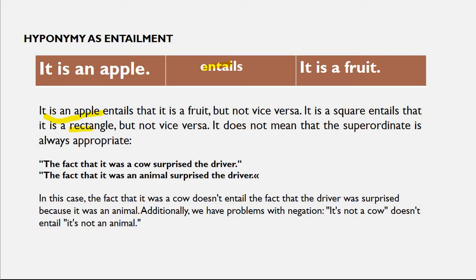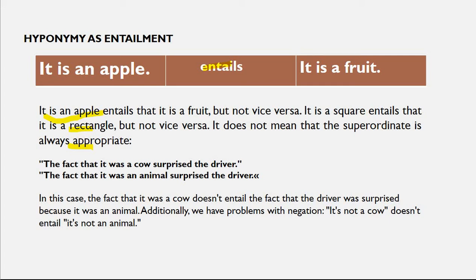It doesn't mean that the superordinate is always appropriate. So the fact that it was a cow surprised the driver. The fact that it was an animal surprised the driver. So in this case, the fact that it was a cow doesn't entail that the driver was surprised because it was an animal.